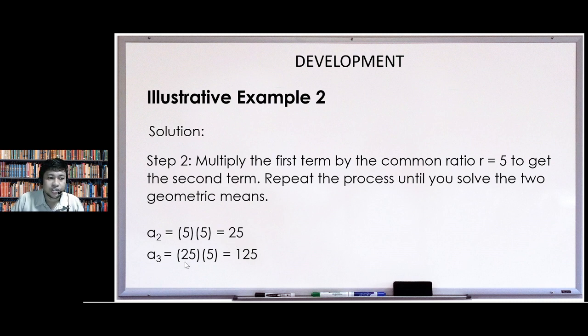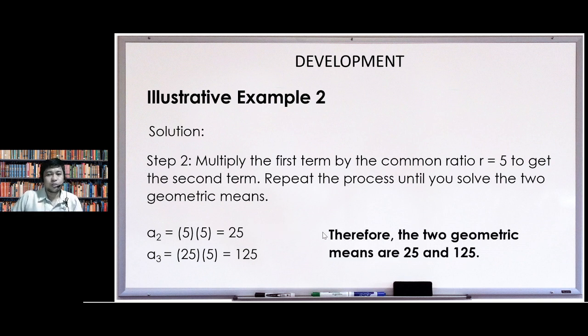Then a sub 3, which is 25 times 5, is 125. So therefore, the two geometric means are 25 and 125. So we got a geometric sequence of 5, 25, 125, 625. Clear?